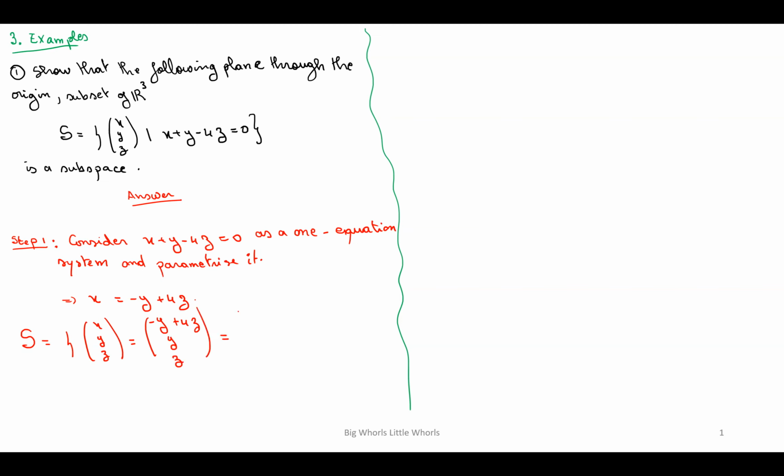Okay, this is the same as (minus 1, 1, 0) multiplied by y plus (4, 0, 1) multiplied by z such that y and z are free.